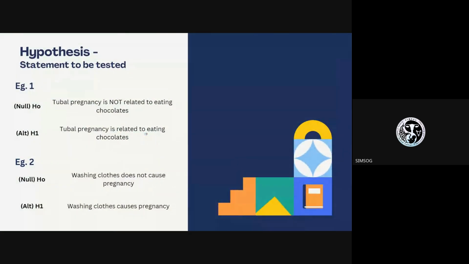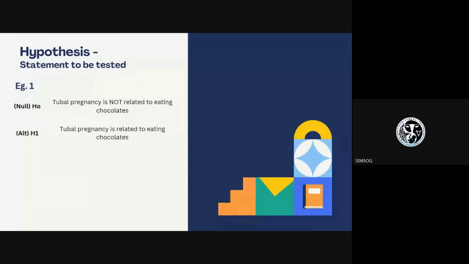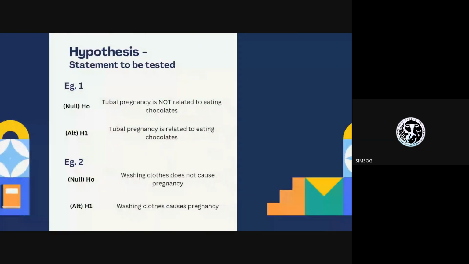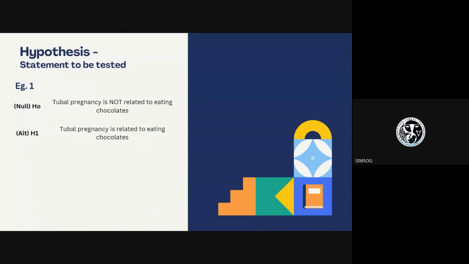Now the second example. Let's say tomorrow again I am a misogynist. I'm taking a few misogynist examples just because I like to make fun of misogynists, because we are here to support women's health and obstetrics and gynecology.